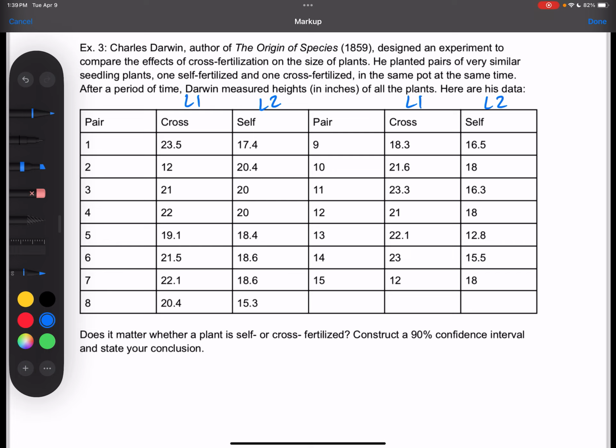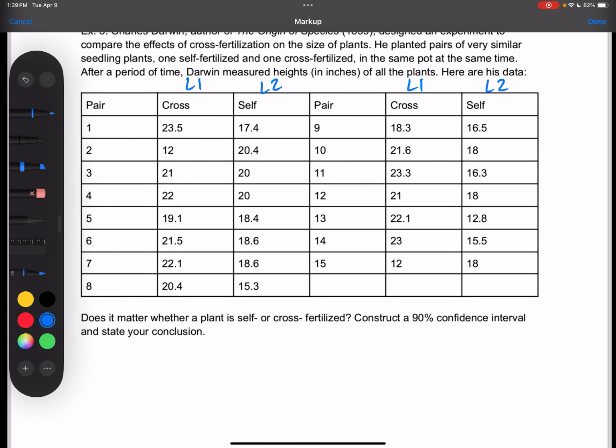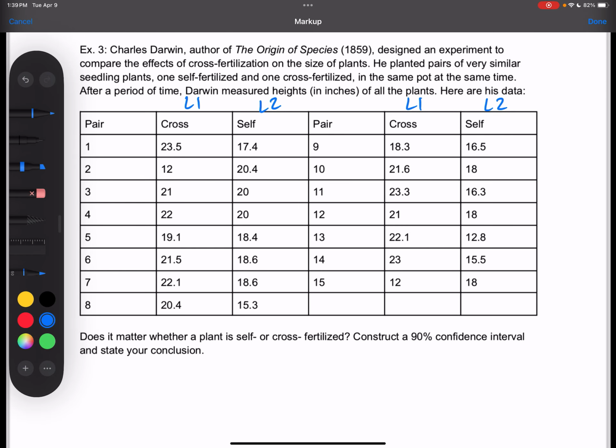So right now we've got our two lists, but I'm going to find the difference in them. So L3 is where we're going to store this. So L3 is going to be the change, and that's going to be L1 minus L2. So you just do second stat, and then it'll give up the list.